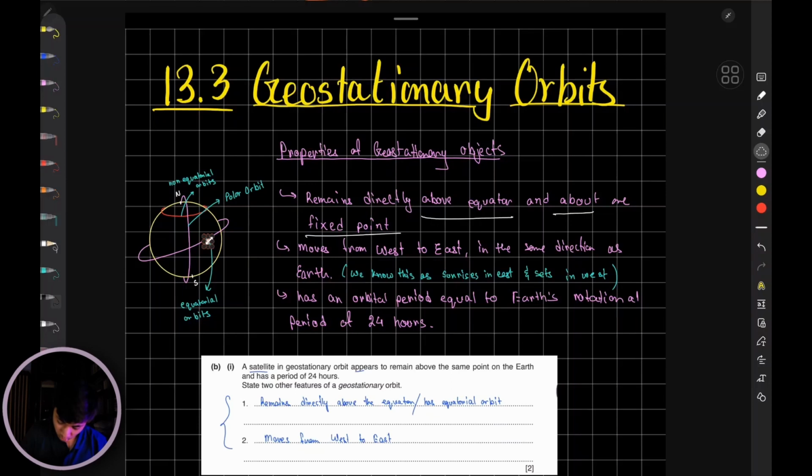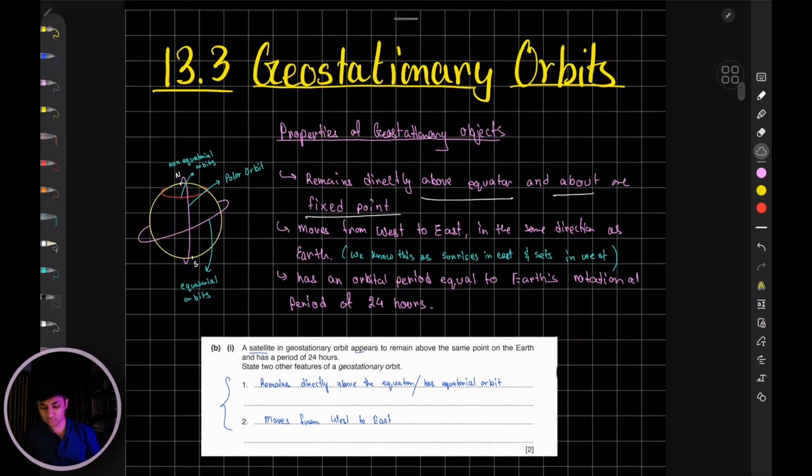However, notice, if I laid it over here and say this is the circumference you have to orbit, it will go out of sync from the fixed point because Earth is rotating in this direction. And if I let my satellite orbit in this direction, it is not going to stay in sync with the fixed point. So that is an important attribute of a geostationary orbit.